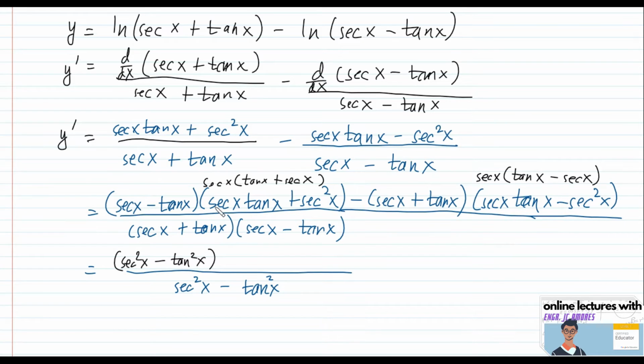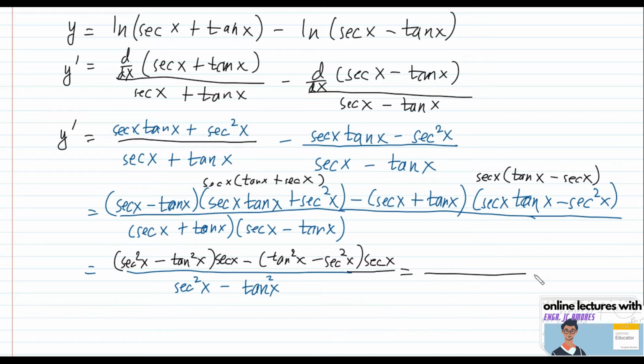Then times secant x for this one, minus, so this term again multiplied to this term would yield the same result, but this time since this is tangent minus secant, therefore this is tangent square x minus secant square x, and then times secant x.